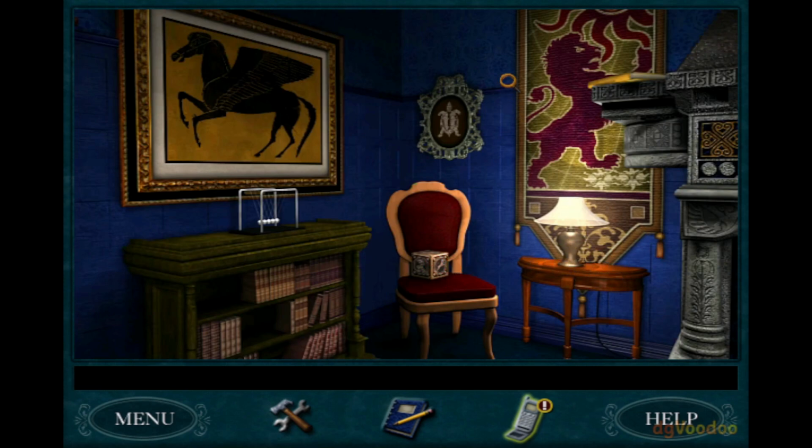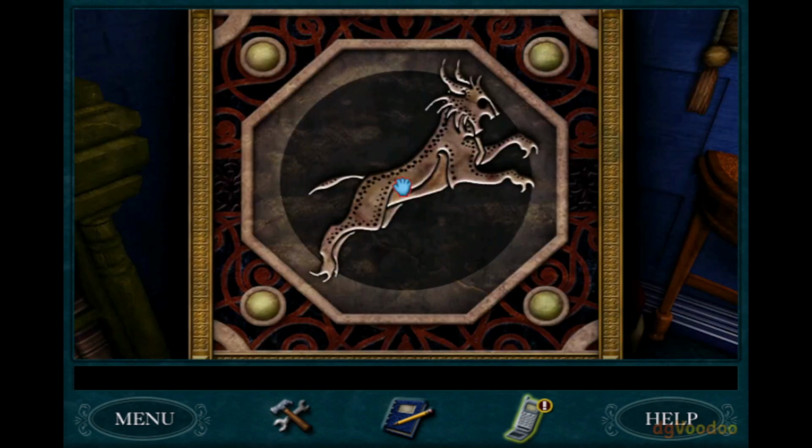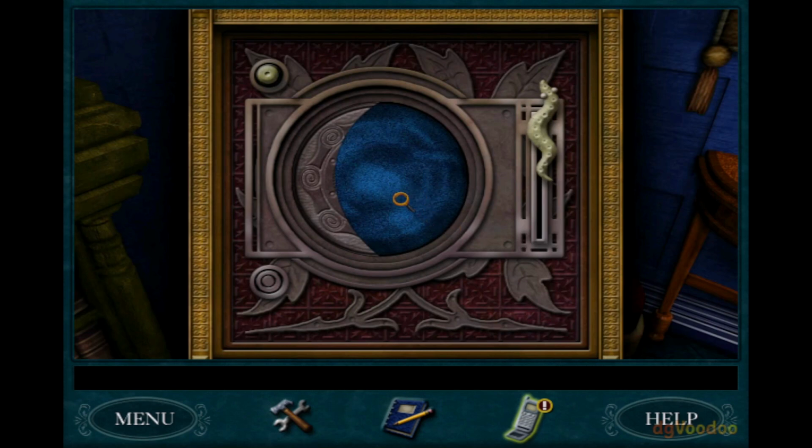What can we interact with here? The box. Blue and then that kind of a crescent moon. Oh. Blue, red, green.